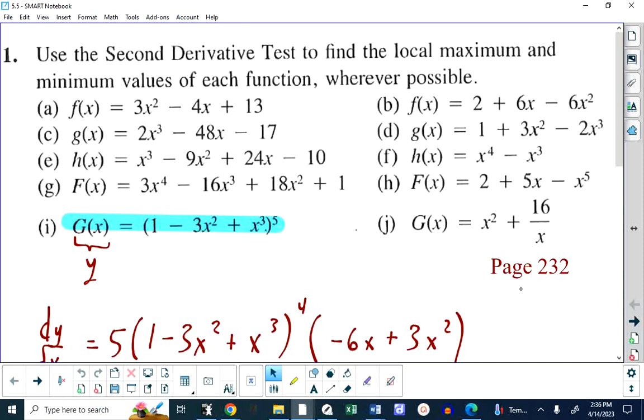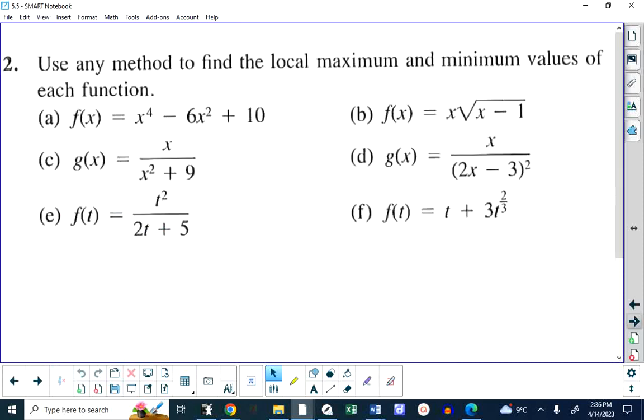This j is not a polynomial function. So there's a non-permissible value there, and I'm a little puzzled as to why you would want to use the second derivative test here as opposed to just using the first derivative chart for j. But with these ones, you're kind of being guided to use the second derivative test.